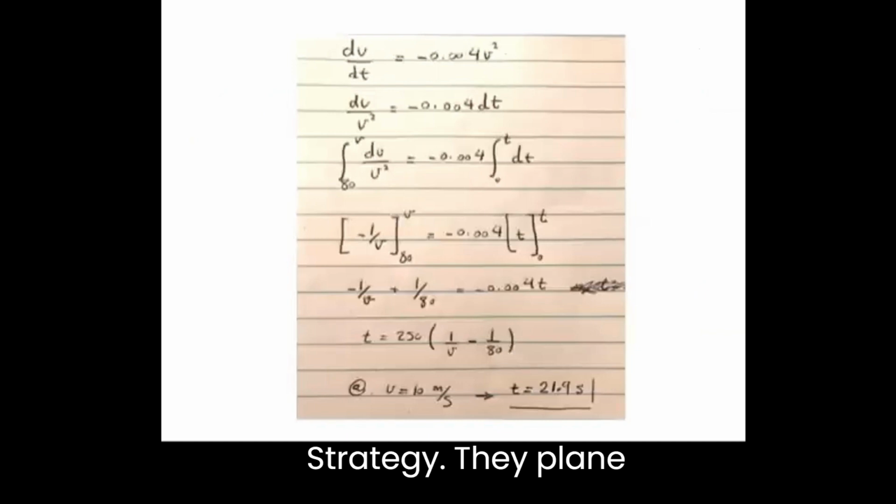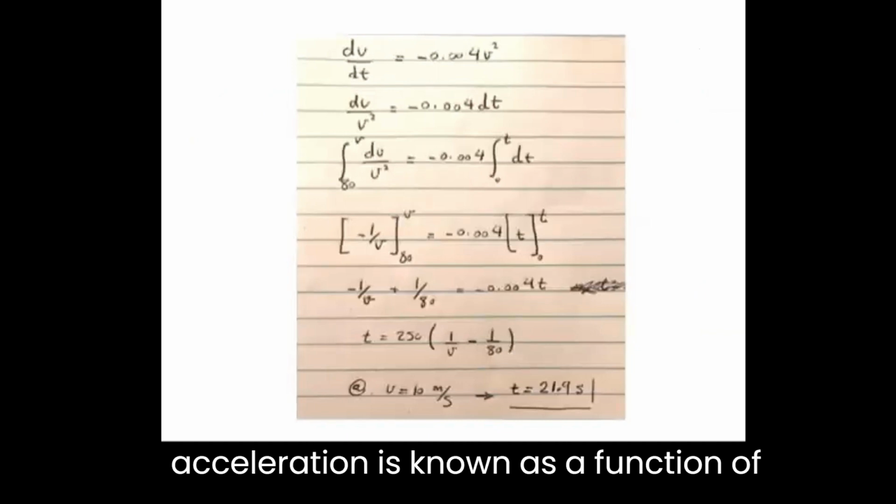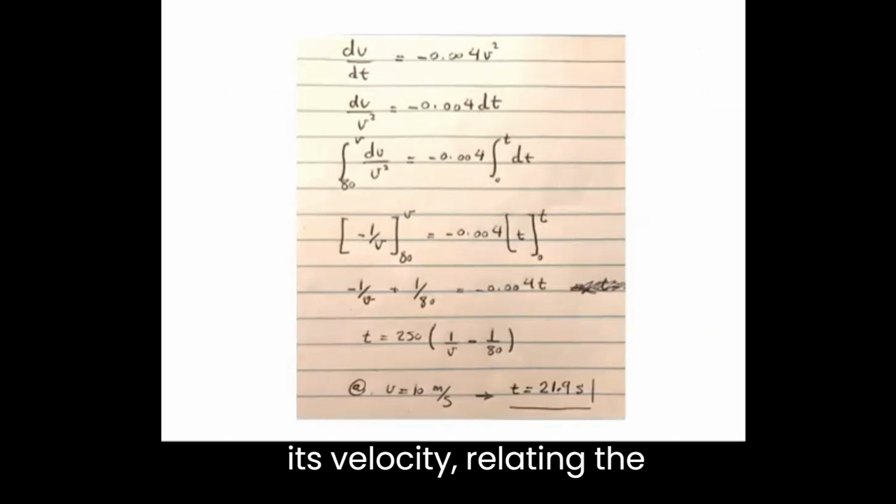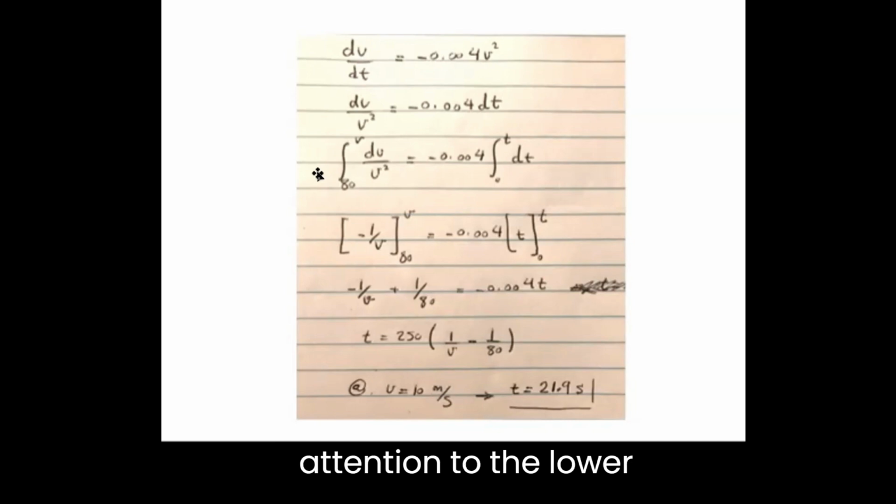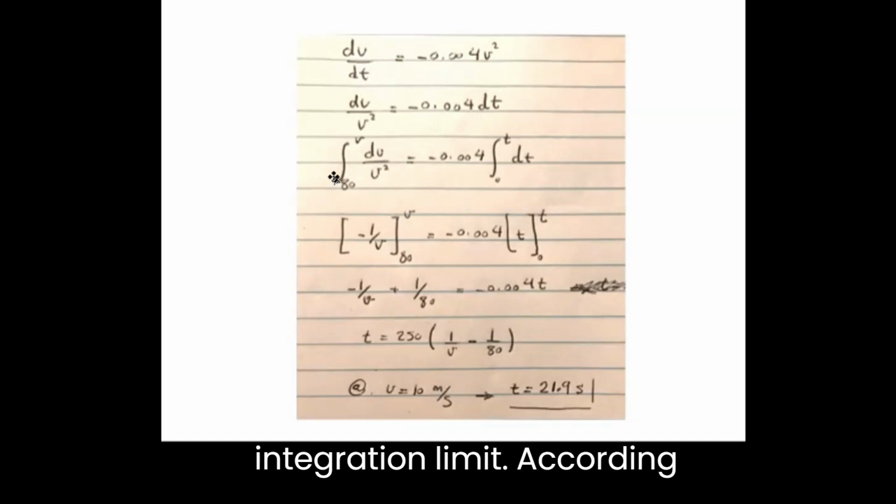A strategy. The airplane acceleration is known as a function of its velocity. Writing the acceleration a equals dv over dt, we can separate variables and integrate to determine velocity as a function of time. Pay attention to the lower integration limit.